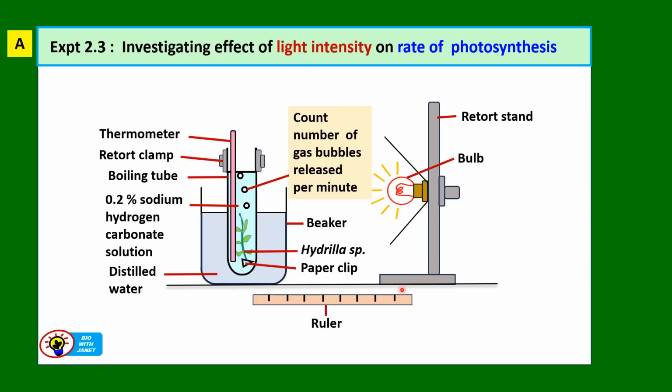Then wait for the plant to adjust itself to the new condition, okay, to the light intensity. So wait 1 or 2 minutes, because the gas bubbles will not be produced straight away at once. Okay, the plant has to adjust itself. But once you see the gas bubbles forming, then wait for a few gas bubbles to float to the surface first.